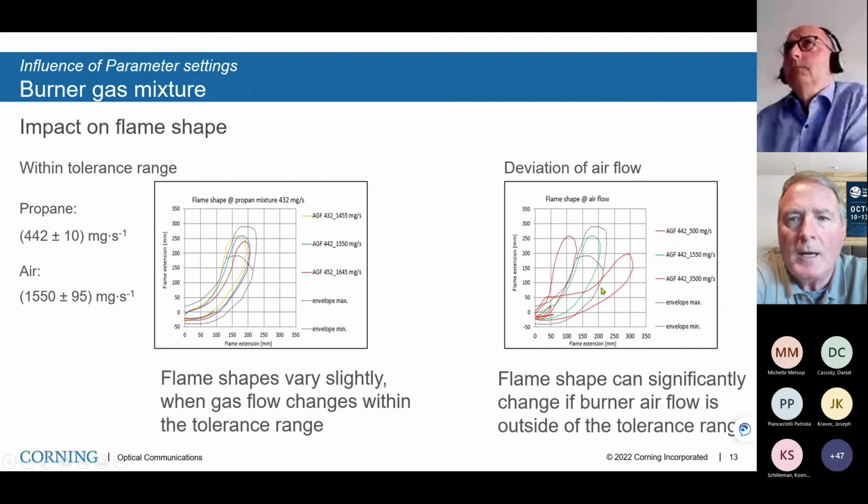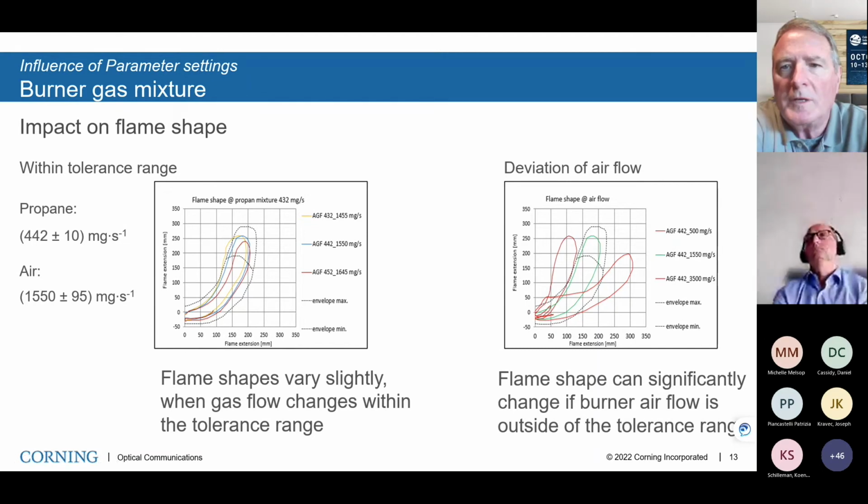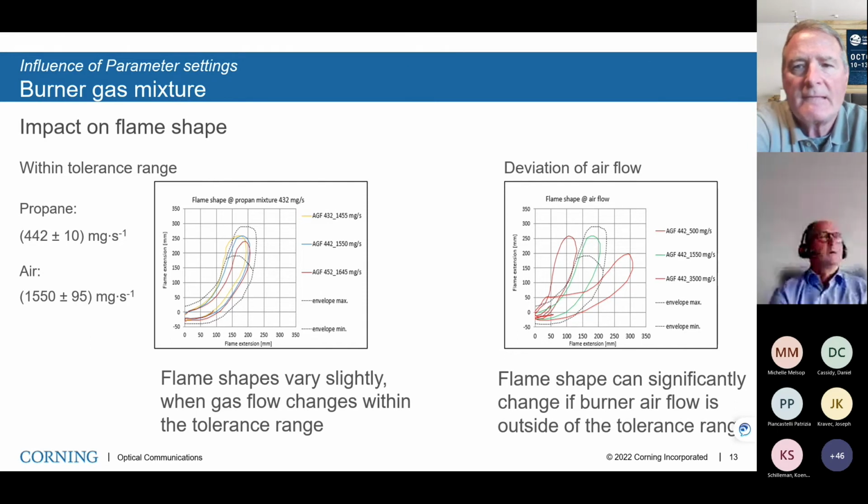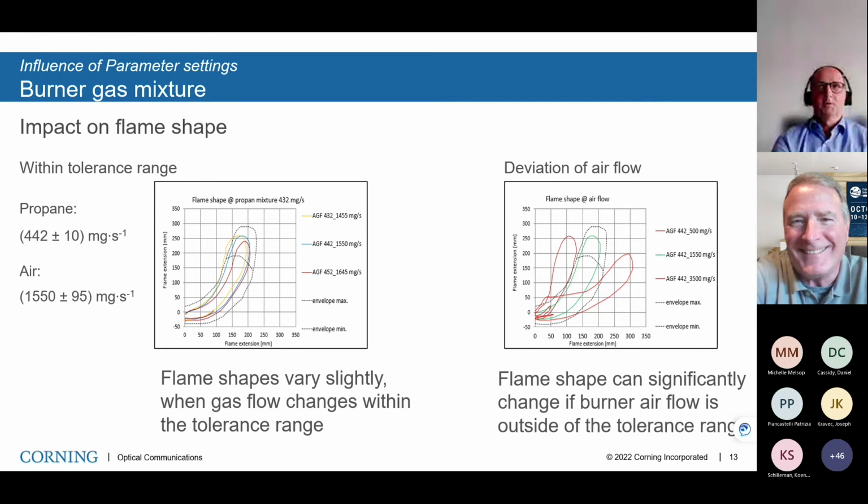Good. In your opinion, which are the other important parameters that could affect the test? Oh, this is broad, because there is a lot of different parameters.